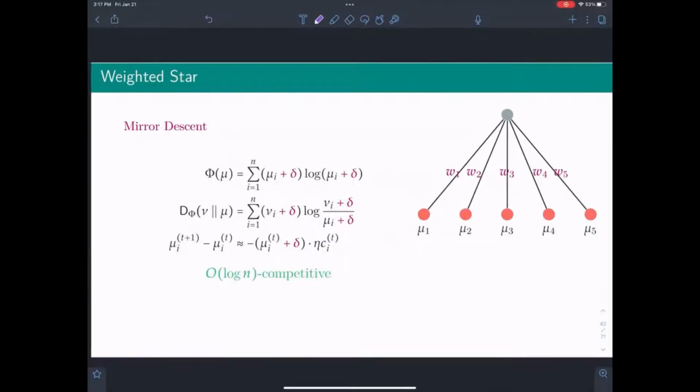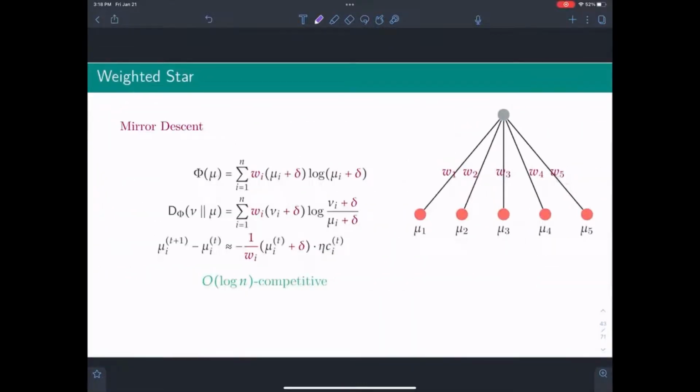So distance between like this vertex V2 and V3 is defined as W2 plus W3, where this is the shortest path between them. And it turns out that with some minor modification to this regularizer, we could still get a log-n competitive algorithm.